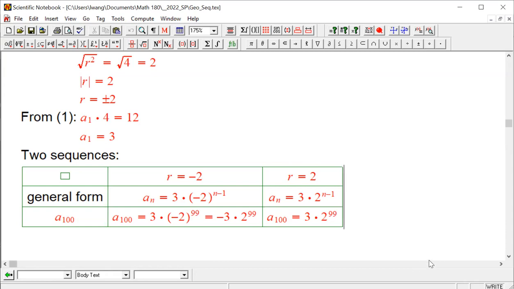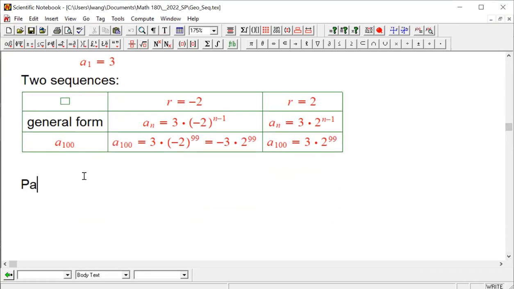Okay, so that's a geometric sequence. The next thing we're going to talk about is a partial sum again, for a geometric sequence. The partial sum for a geometric sequence is going to be very useful. You're going to use it in Calc 2.